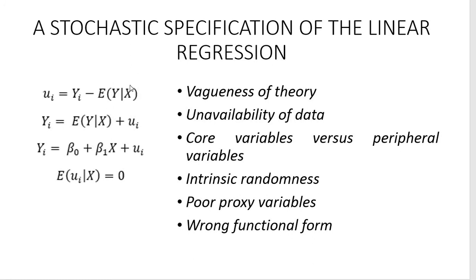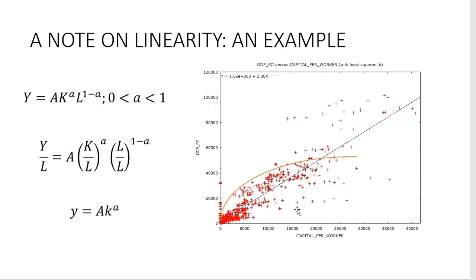So this is the conditional mean. Yi stands for the actual empirical observation. So basically, if you take this model and you stick to this level of capital per worker, this is the expected value of income per capita. So this is the conditional mean.